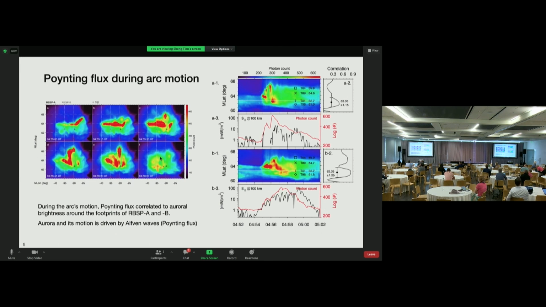So from this nice correlation at multiple points between Poynting flux and auroral brightness, we suggest that the aurora and its motion is actually driven by the propagation of Alfvén waves. I mean the perpendicular evolution of Alfvén waves, because MHD Alfvén waves propagate mostly parallel, but either the source region of the Alfvén wave expands perpendicularly, or we can have a kinetic Alfvén wave which can propagate perpendicularly.